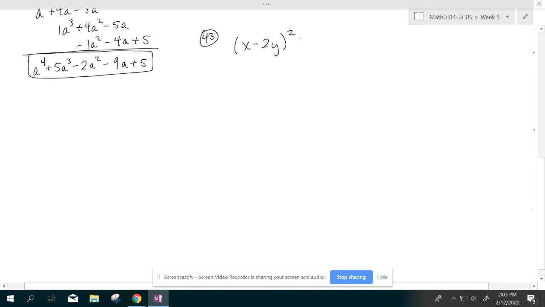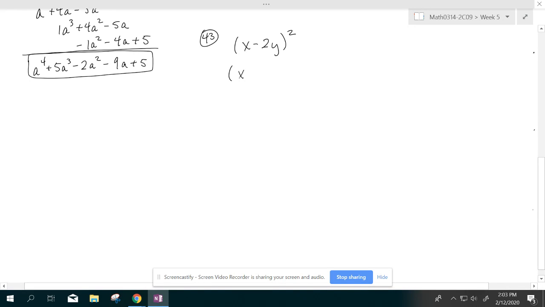You do need to be able to recognize these problems and know how they work. The main thing to understand is that if you have something that's squared, it means multiply by itself. Anything that's squared means multiply by itself.